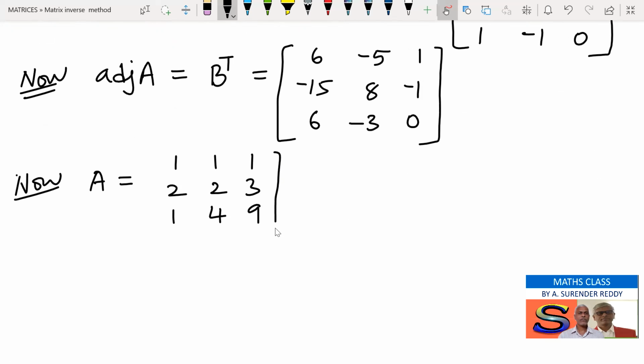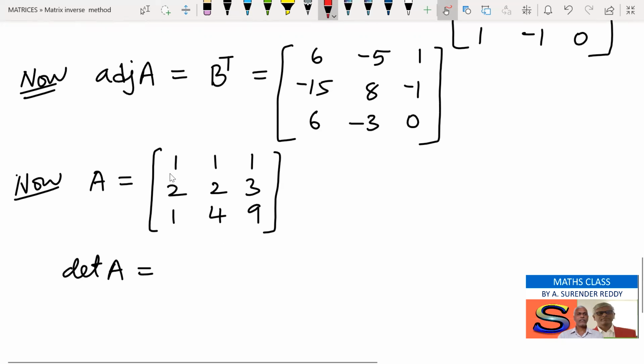In Cramer's rule also we calculate the determinants. Here also we have to calculate the determinant. So now the det A, the determinant of A. So let us calculate on first row.